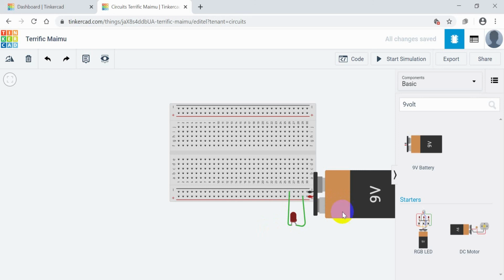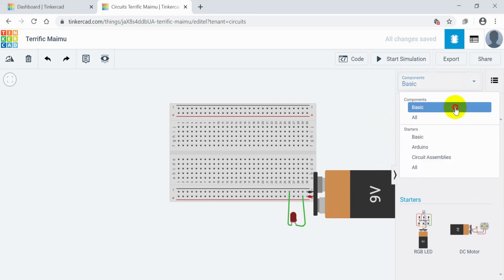So 9 minus 2, 7 volts, divided by the maximum current allowed, which is around 20 milliamperes, depending on the design. So 7 volts by 20 milliamperes, if you calculate, you will get around 350 ohms. So the resistance value we are selecting is around 350 ohms, and we are going to connect it now.